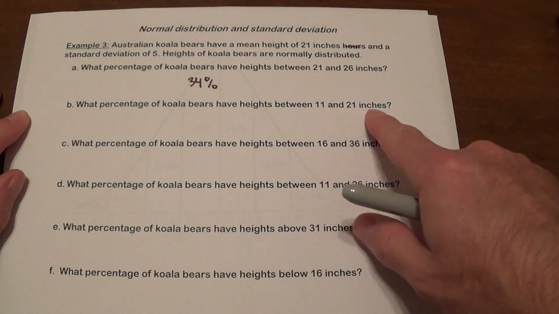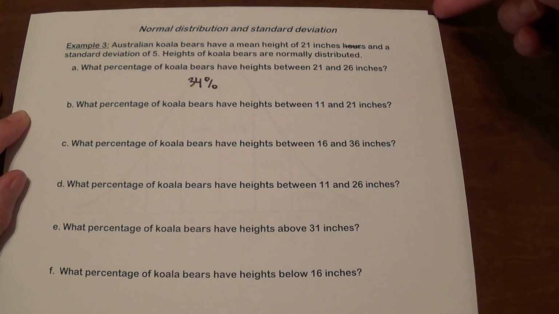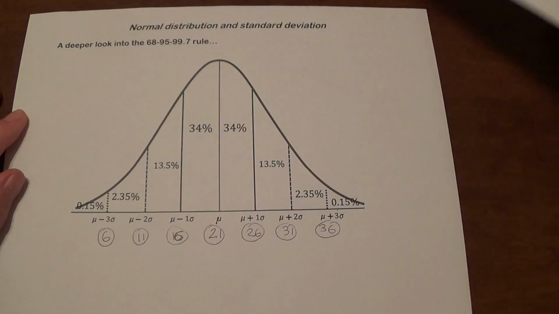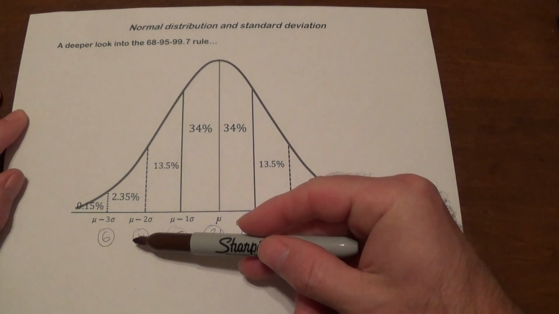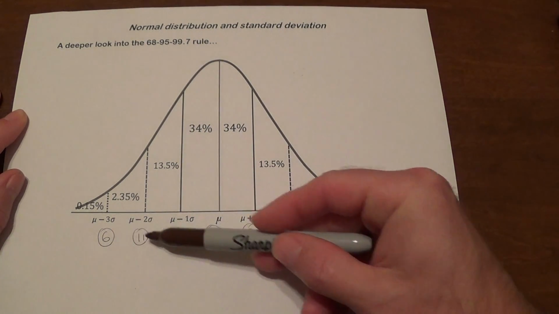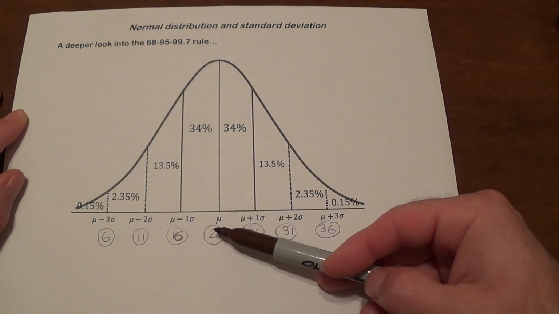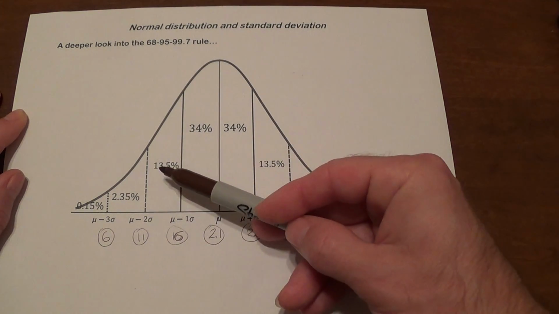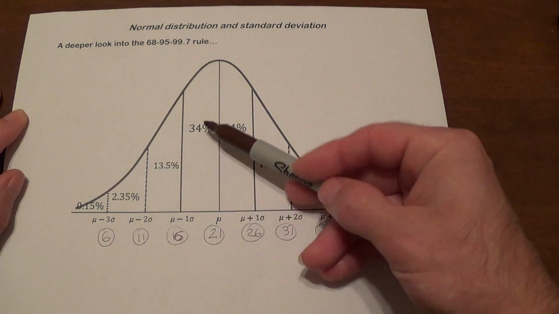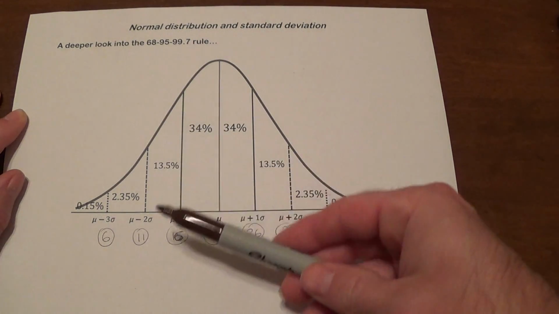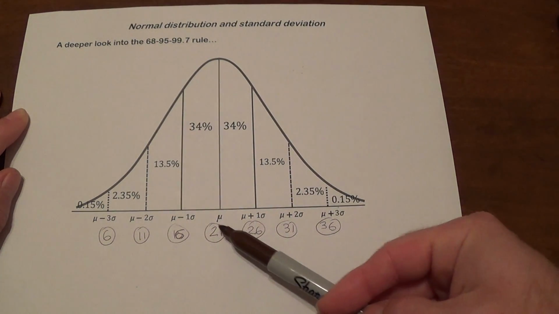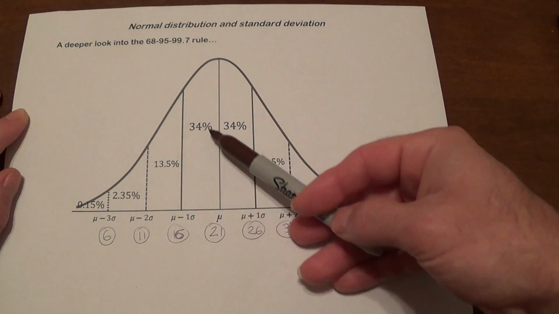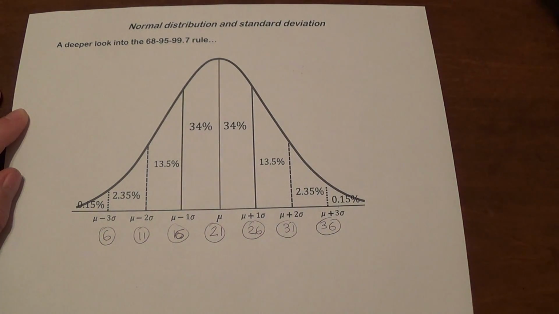Between 11 and 21. That's between the mean and 2 standard deviations below the mean. So it's 13.5 plus 34. These two together, right? This is 11, this is 21. So that will give us 47.5.